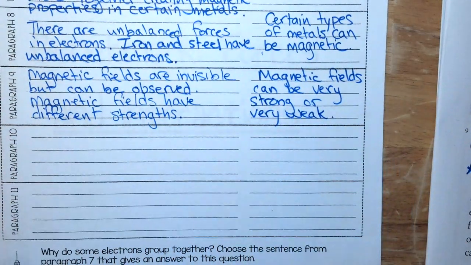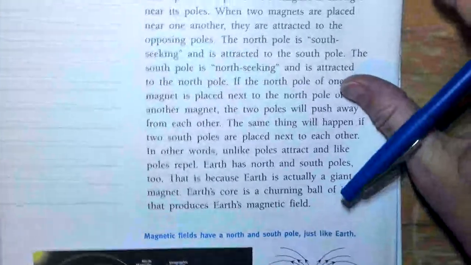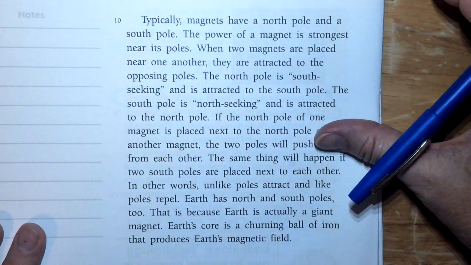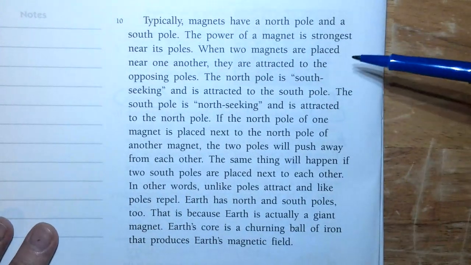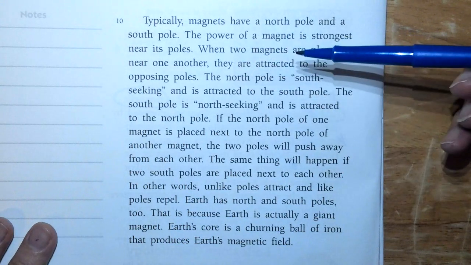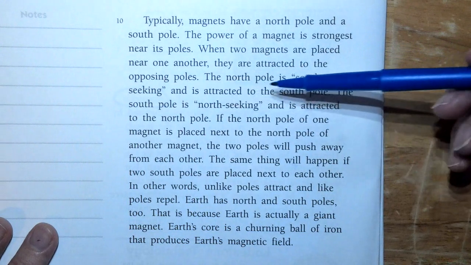Excellent. Let's look at paragraph 10. Paragraph 10, read to yourself as I read aloud. Typically, magnets have a north pole and a south pole. The power of a magnet is strongest near its poles. When two magnets are placed near one another, they are attracted to opposing poles.